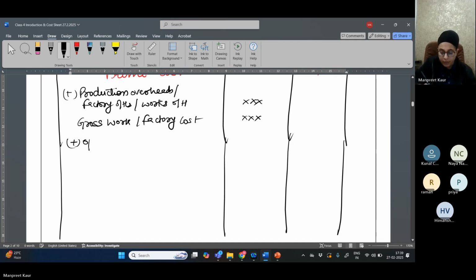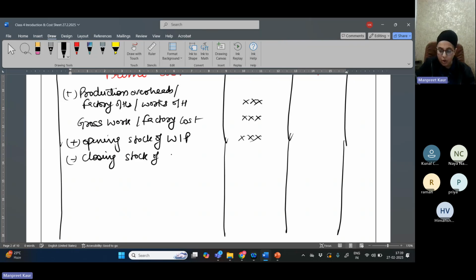Add opening stock of WIP minus closing stock of WIP. It becomes the work or factory cost.